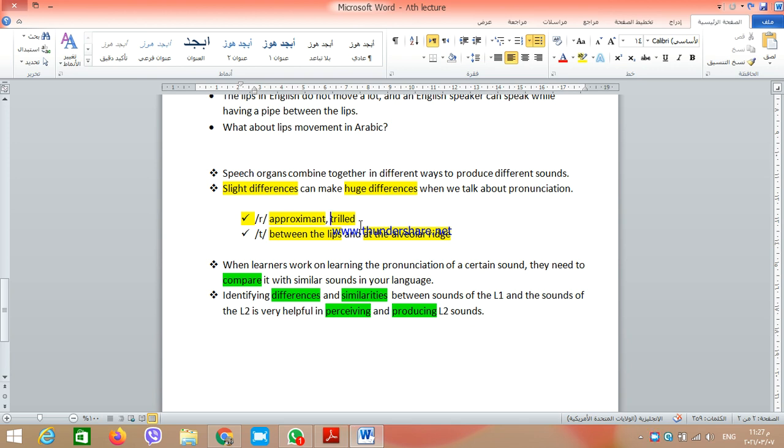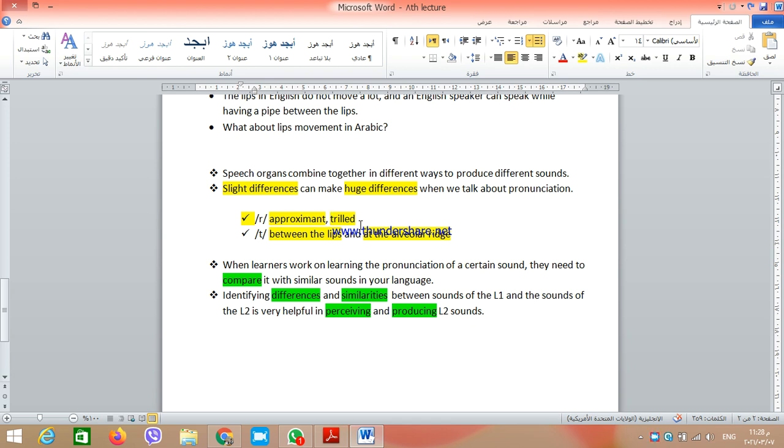The ta sound, for example, can be pronounced when the tongue is between the lips. And I have noticed many people who pronounce the ta sound when the tip of the tongue is between their teeth. But this is not the correct English ta.